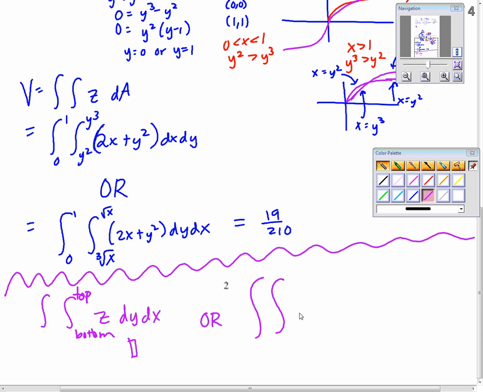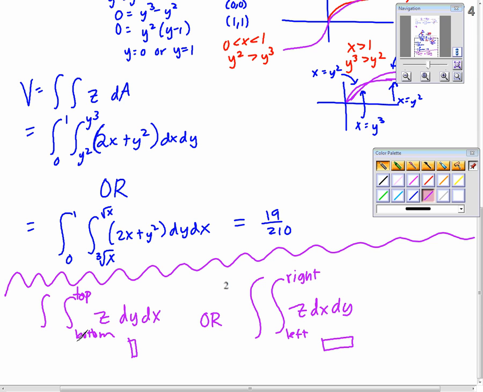If you go dx dy, your rectangles go sideways, so this is right, and this is left. Remember, when you're integrating, you're doing upper bound minus lower bound, so right minus left, or top minus bottom. It's always biggest minus smallest when you're doing your rectangles, right? Is that okay?